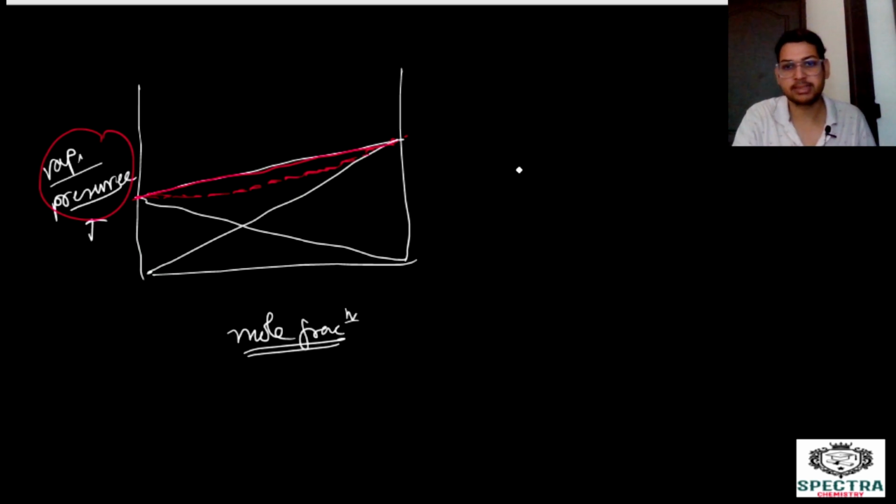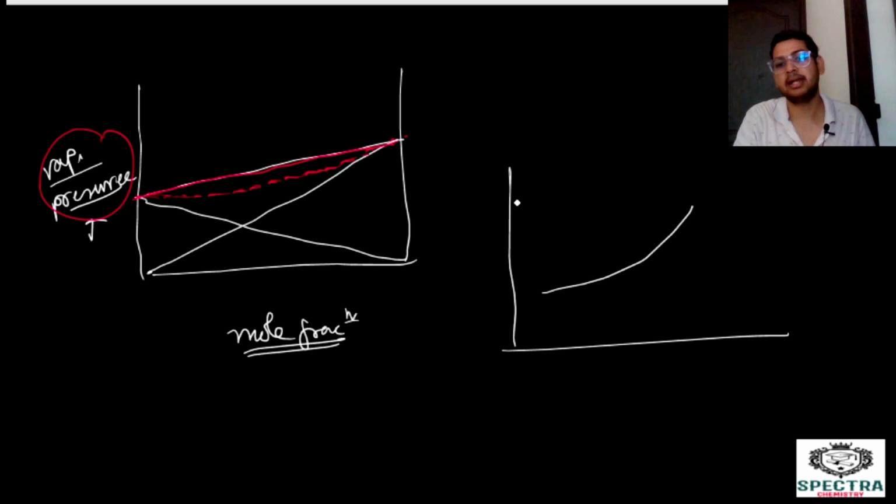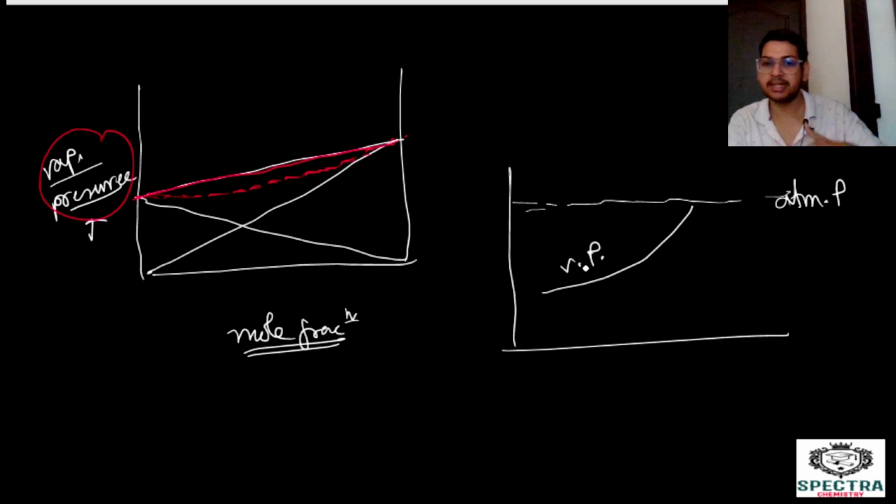From the graph also you can say that previously this was the graph and this was the atmospheric pressure, and this was the vapor pressure. Sir, vapor pressure decreased because it is a negative deviation.